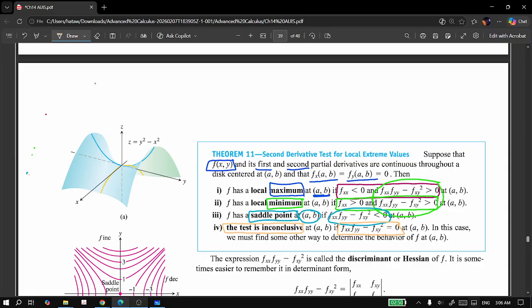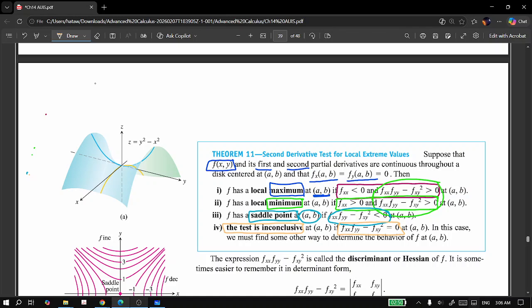That means we cannot use this test for finding maximum, minimum, or saddle point, and we are leaving this test. We cannot use it for checking the local extreme values of that function. And in this section, no other methods are mentioned for finding extreme values when the test is inconclusive.